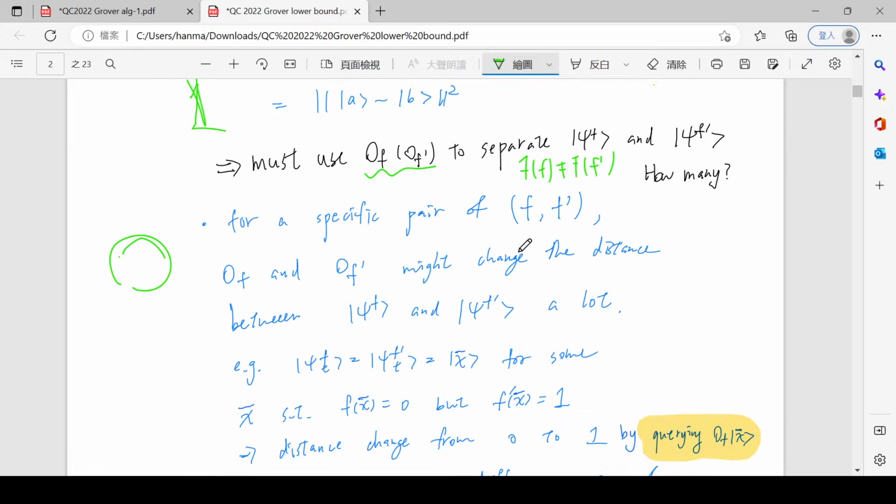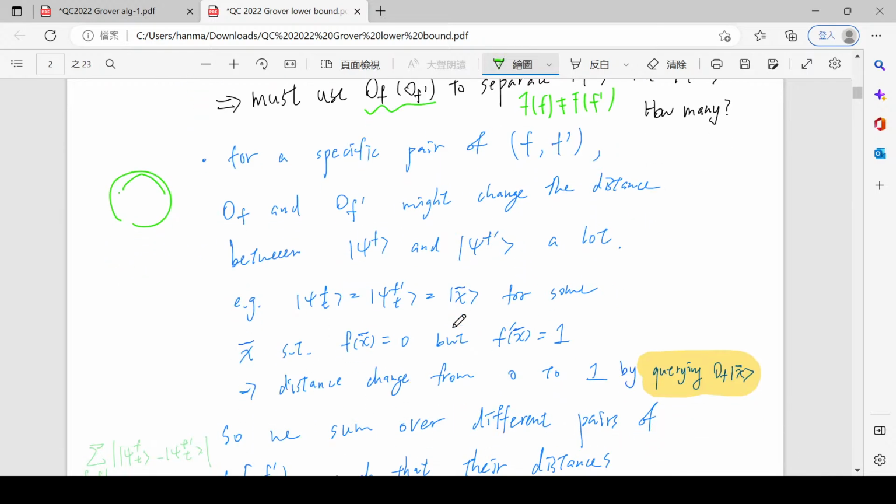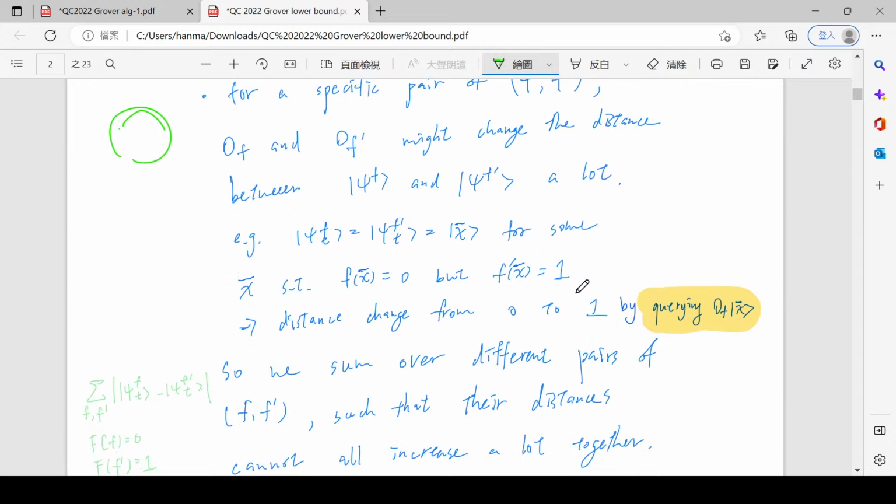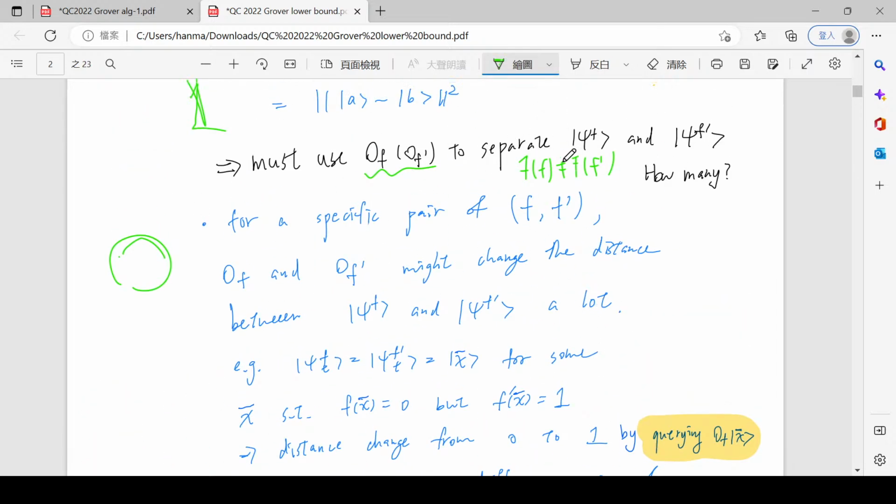The answer is pretty bad. Actually, you only need one query. This is because big F of f doesn't equal big F of f prime, so f doesn't equal f prime. So there must exist some x such that they are different.